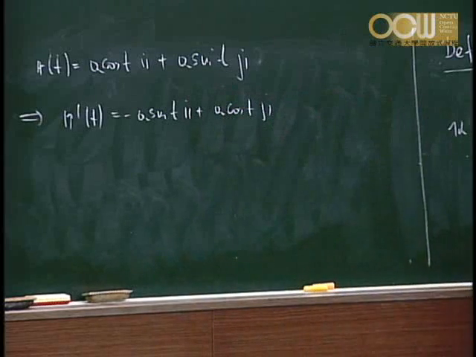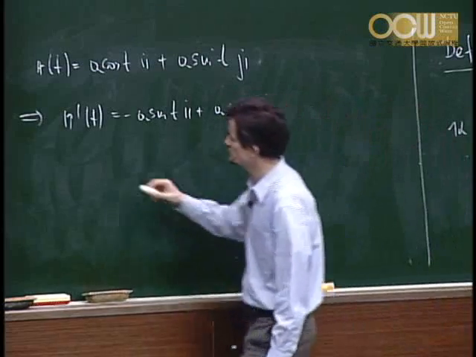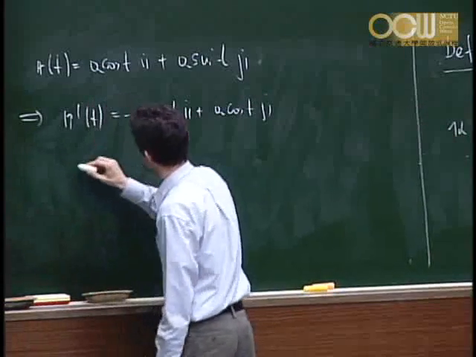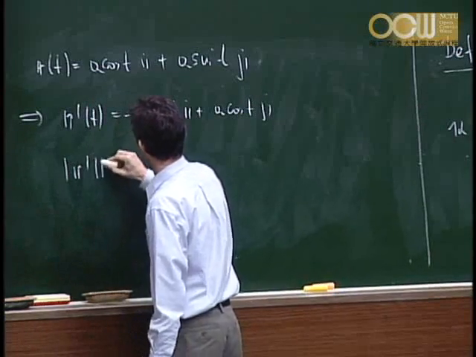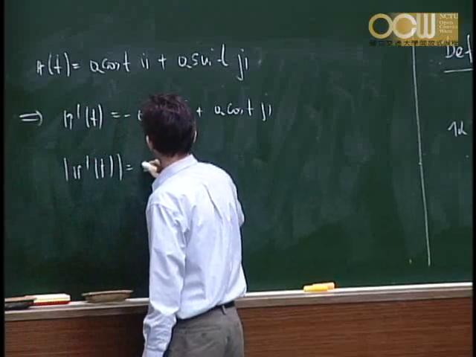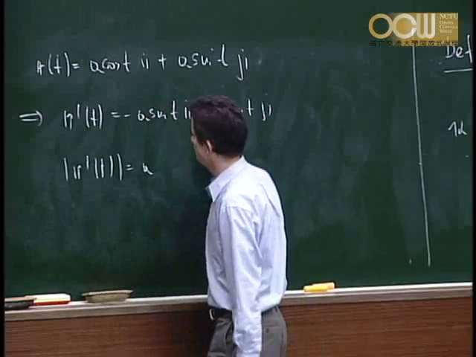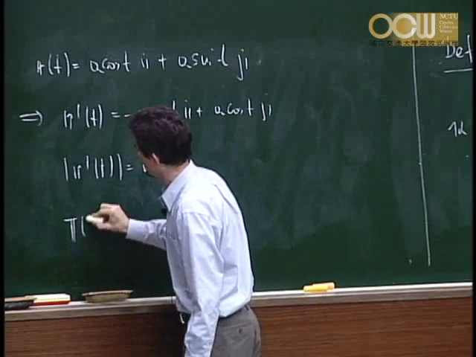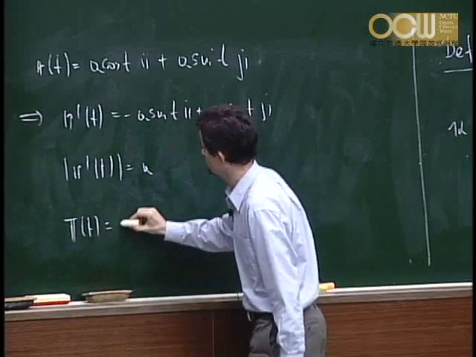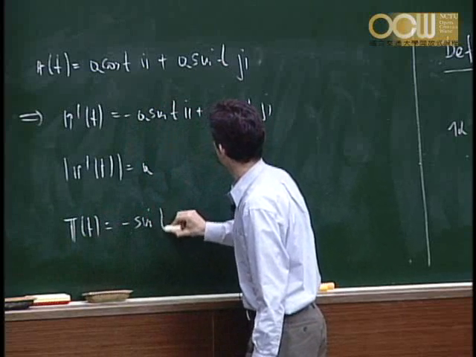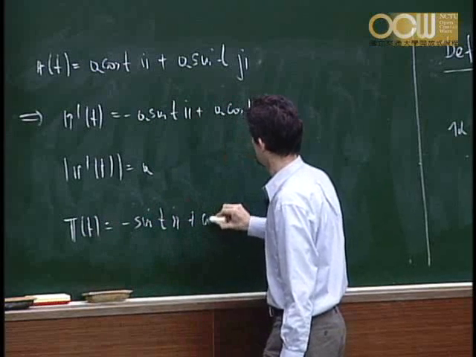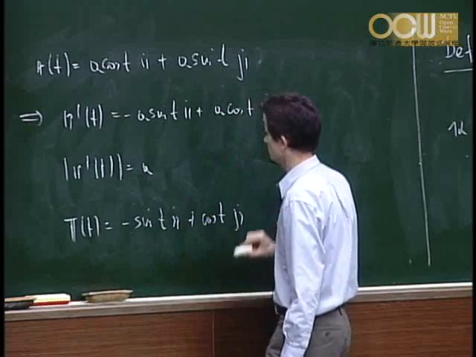Then we have to compute the unit tangent vector. First the length: you see that the length is just equal to a. So we have to divide this by the length, and we see that the unit tangent vector is equal to minus sine t i plus cosine t j.